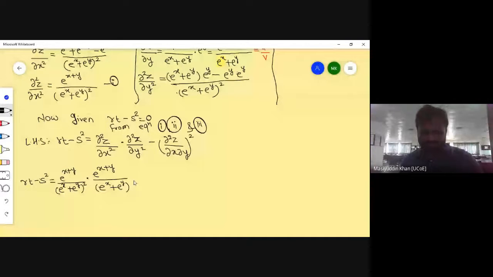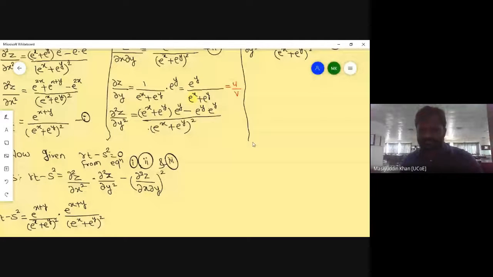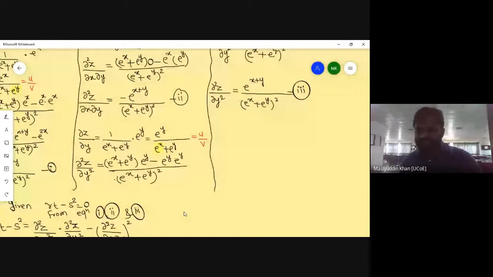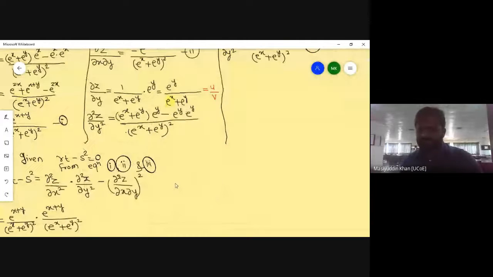You can see that is equation number 1 and 3, so you will get e raised to x plus y. Similarly here, equation number 3, e raised to x plus y. And from equation 2 you can see that is plus y upon (e raised to x plus e raised to y) raised to power 2.